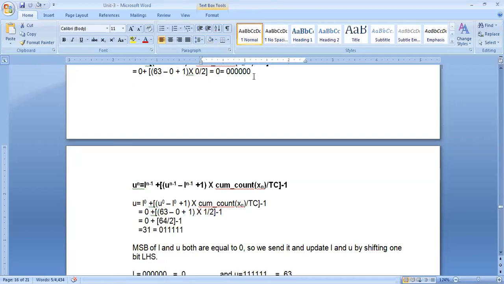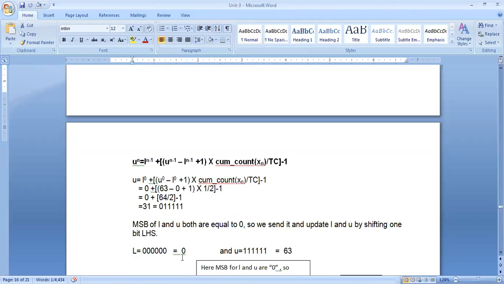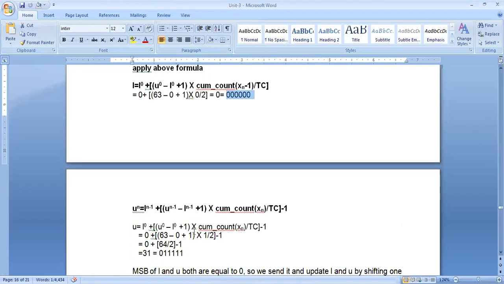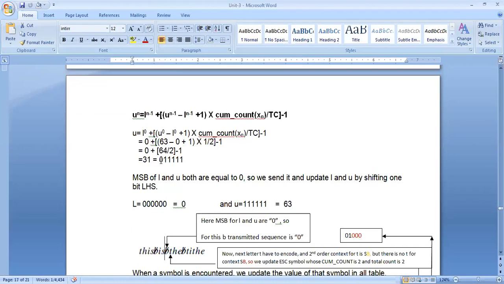Means there is no change, the value will be the same. For the upper bound, the 0 will be dropped and a 1 will be added. So here it is 5 times 1, the 0 is dropped and 1 added on the right-hand side. So we find the upper value U is equal to 6 times 1, which is nothing but 63 in decimal format.